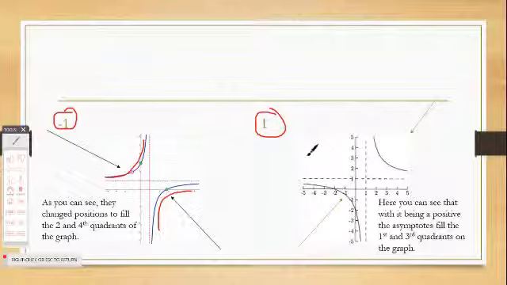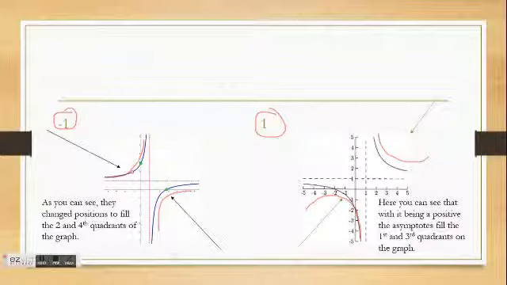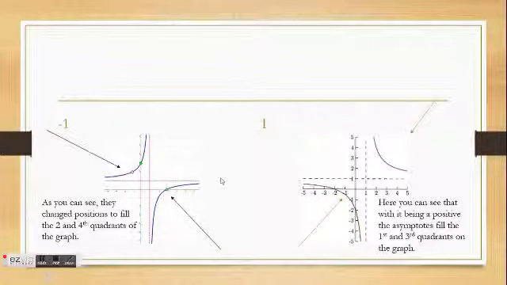Here you can see that with it being positive, the branches will fill the first and third quadrants of the graph. This is actually really important because negative 1 is the inverse graph and 1 is not the inverse graph.